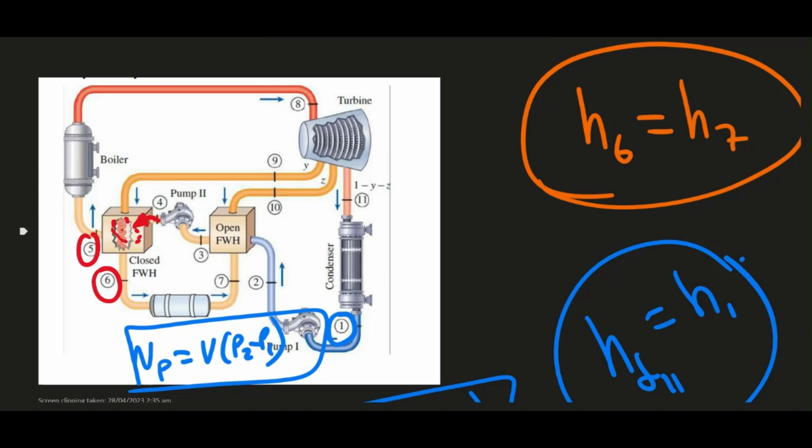So in other words, I can assume that the feed water heater is at the same temperature as that of our extracted steam at H6, which is the condensation temperature, or the saturation temperature.